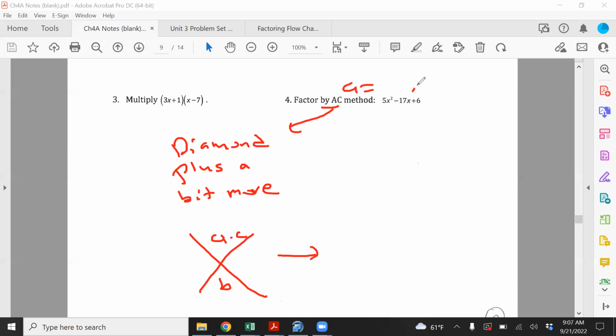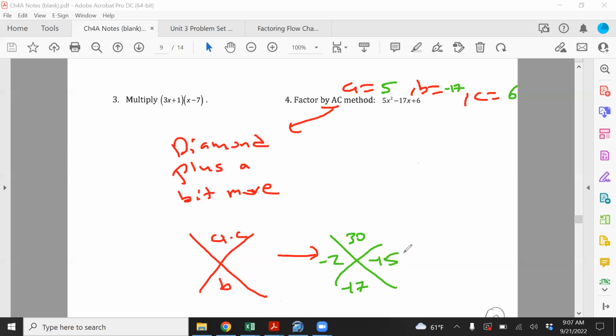What is C here? What's A, guys? 5. And B? -7. And C? Okay, what's A times C here? 30. And -17. Good, you got it.